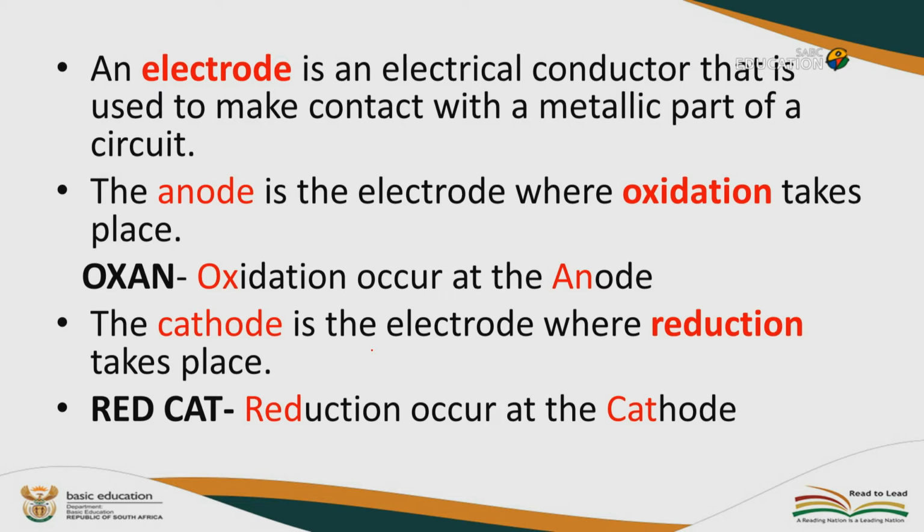RED CAT means reduction reaction, we get a cathode. So RED CAT for reduction that will be undergone by a cathode, and OX by anode. So these are some of the tips that we can also use to distinguish between the two electrodes, because it is very important to know which electrode undergoes what type of reaction.